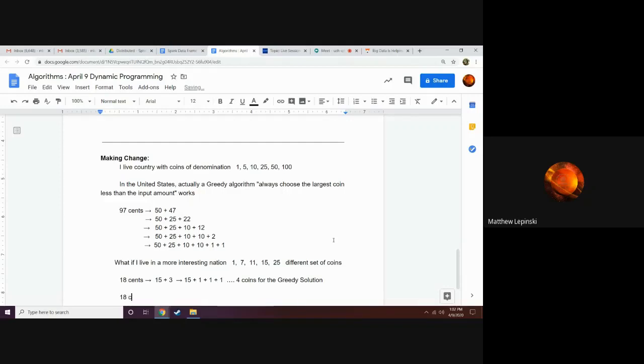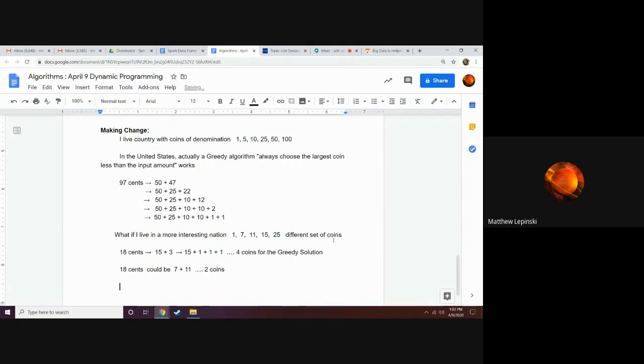But 18 cents could be just 7 plus 11. 2 coins. So greedy doesn't work for any possible set of coins.